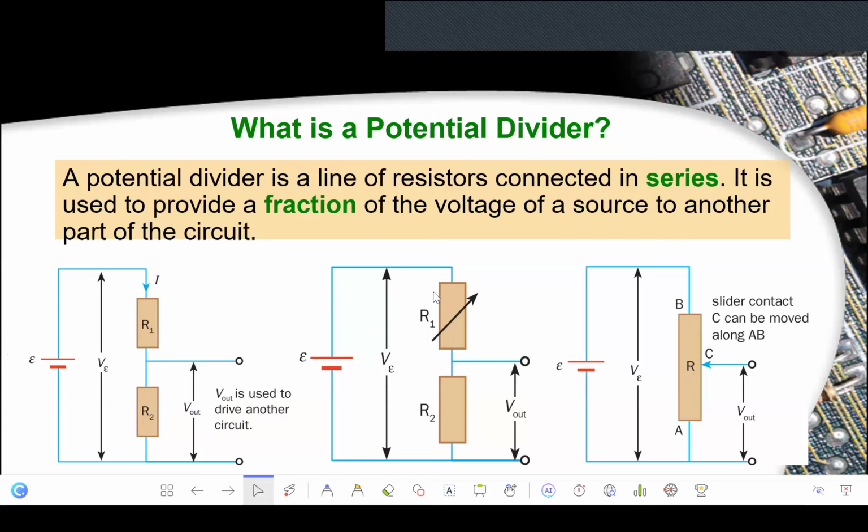But if I put a variable resistor, or use a sliding contact, I can change the amount of V out by adjusting the resistance of the variable resistor or by sliding up and down towards A or B. Okay, I can vary my V out, which can then be used to power another circuit depending on the voltage requirement of the other circuits.